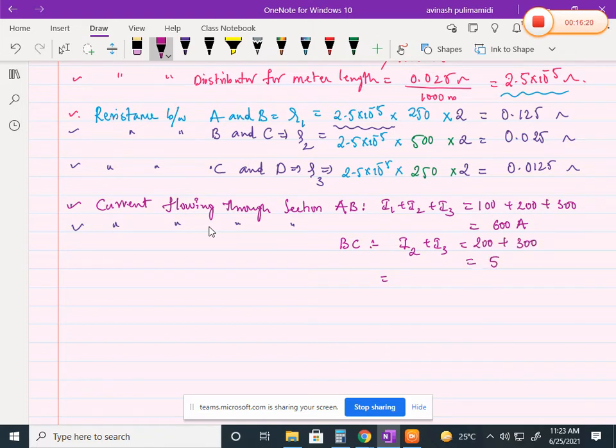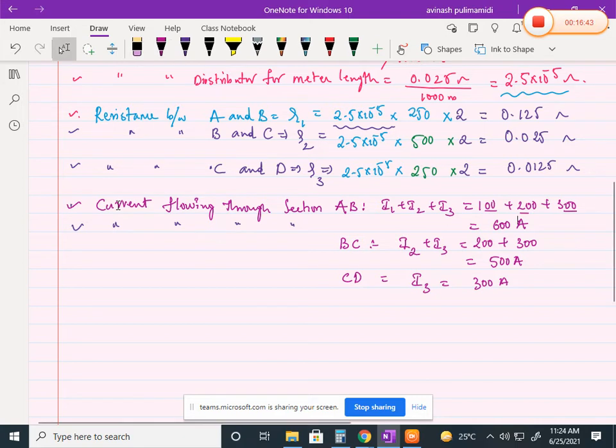What is the total here? 500 amperes. Similarly, current flowing through the section CD is just I3. What is the value of I3? 300 amperes. You can see here I1, I2, I3, which is already given in the question. We are not doing anything here.